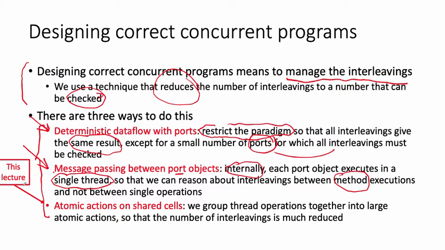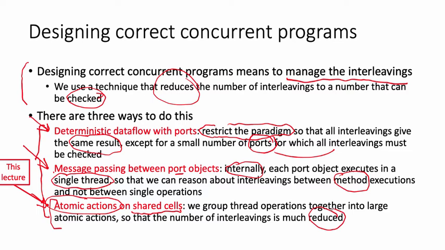And then what we're going to do today: we now have shared cells. We are going to build large atomic operations. We are going to group them together to also reduce the number of interleavings.